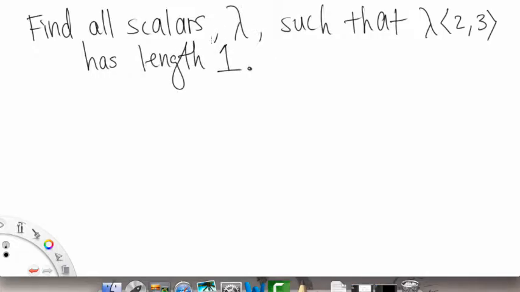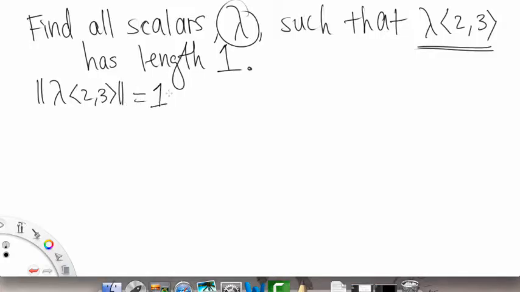So this is our problem. We're going to find some scalars, there could be one or multiple, such that this vector is a unit vector, basically. What we want to end up with is that the magnitude of the vector is equal to 1.